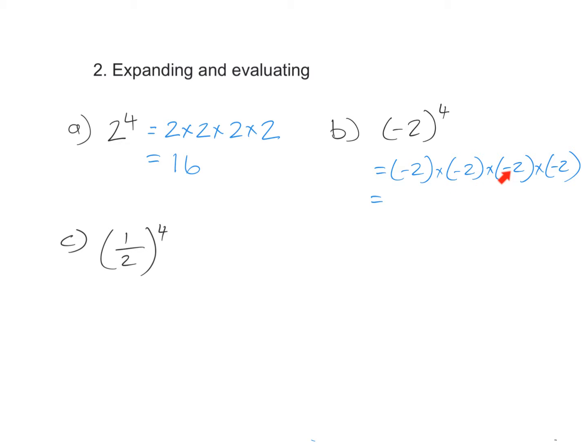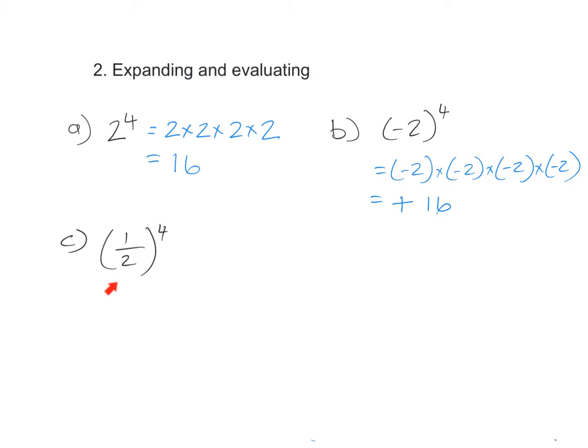Positive multiplied by a negative gives me a negative. And a negative multiplied by a positive is going to give me a positive value. So I'm just going to write in that I know my answer is actually going to be of a positive value, not a negative value. And then I go 2 times 2 is 4, times 2 is 8, times 2 would give me the 16. And that would be my answer.